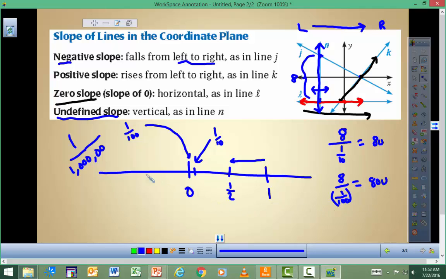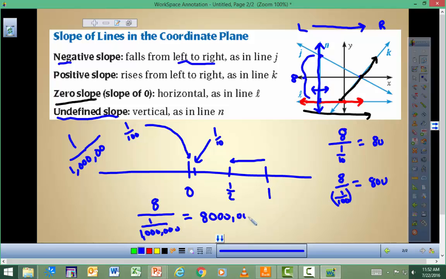And if you were to take 8 and divide by 1/1,000,000th, actually what you get is 8 million.